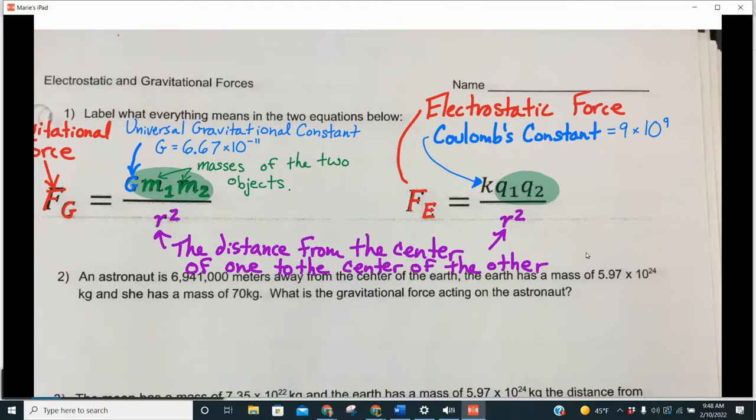And then these Q's, these are my charges. I know that doesn't make a ton of sense, but we're just going to go with it. So these are charge 1 and charge 2. So the charges.